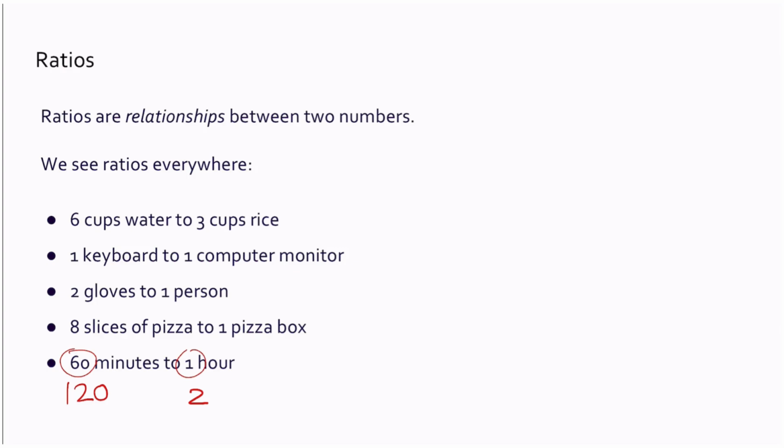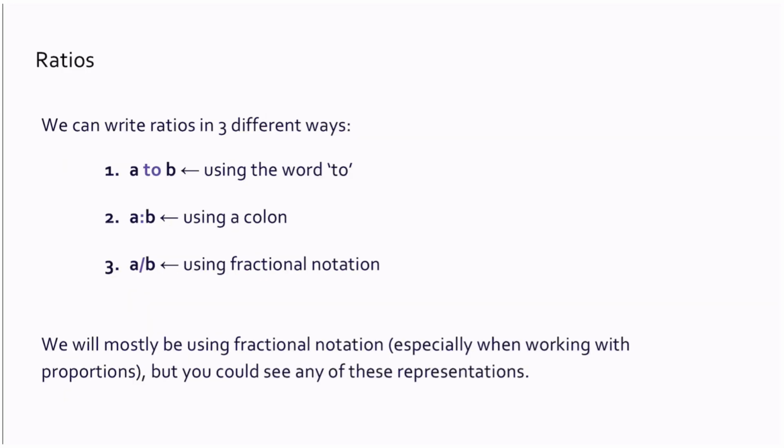So the ratios exist in a fixed relationship to one another. And we can change the values as long as we change them in a way that the relationship remains the same. And we can write ratios in different ways. We can write it as A to B, where we use the word to.